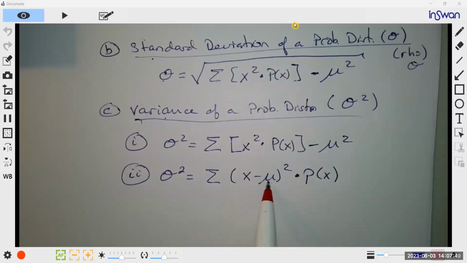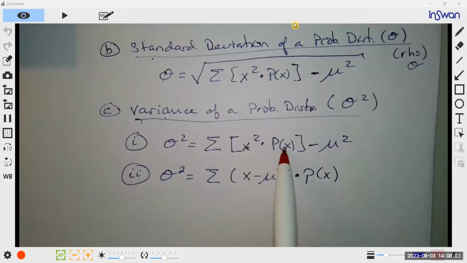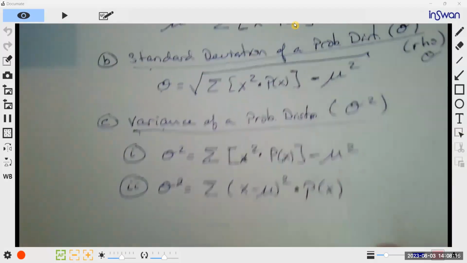Then whatever we get the difference there, we have to square them. Once we find that, we have to multiply it to the probability, and we have to add them all up. So that's a lot of extra work. In this one, we take the values, square them right off the bat, and multiply their probability, add them up, and subtract by the mean squared. All right, so those are the formulas we'll be using.